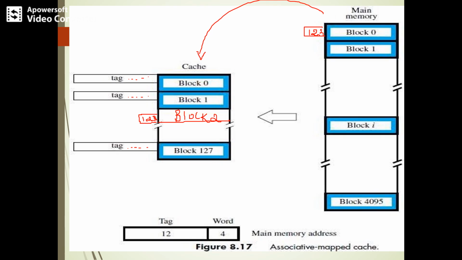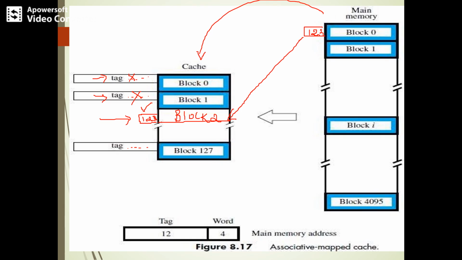Initially this 1, 2, 3 is compared with block 0. If it is not matching, it will compare with the next block. If it is not matching, it will go to the next one. So now the tag bits are mapped.